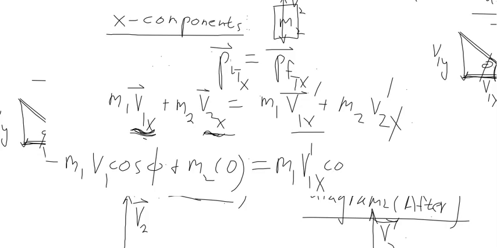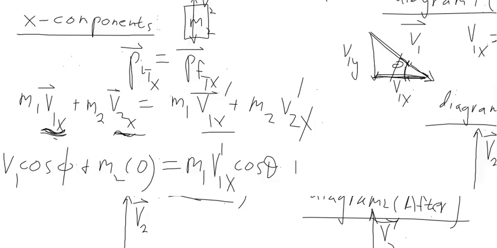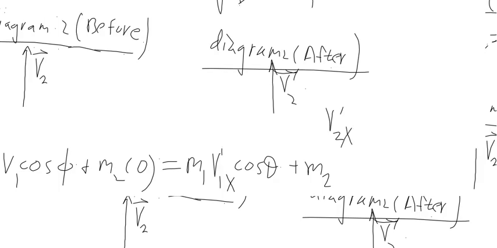plus m2 v2 prime x. Now looking at v2 prime x, let's be careful with this. It's going vertically upwards still, so there's no x component for v2 prime. So v2 prime x is 0 because there's only a y component afterwards, multiplied by 0.